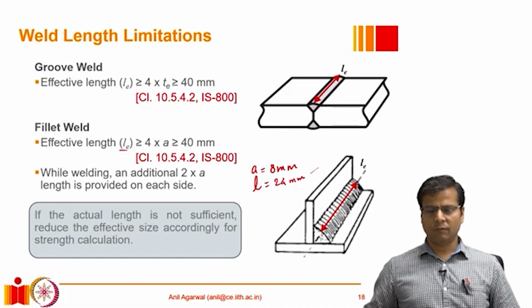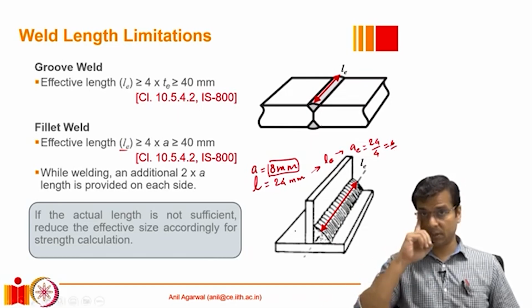Then what do we do? We take this as the effective length, and then the A effective will be reduced to 24 divided by 4, which is 6 millimeters. So for our design calculations, we will not use the actual size of the weld, we will use only 6 millimeters. So we will reduce the weld size.